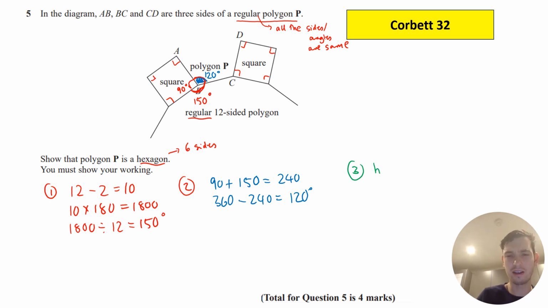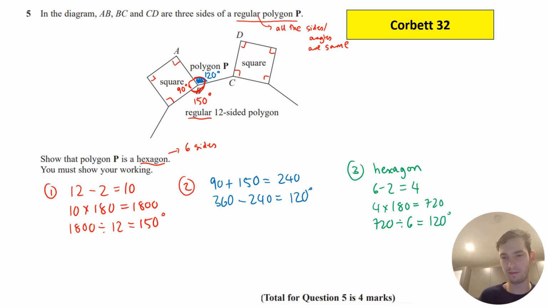So now my final step is I need to somehow show that it's a hexagon. So I know that a hexagon has got 6 sides. So if I can show what the angle is, and it's 120, then I know I've shown it's a hexagon. So I'm going to do the same thing I did for step 1, which was 6 minus 2, which is 4, times that by 180, and then divide that by how many sides I've got, which is 6, and you do get that it's 120.